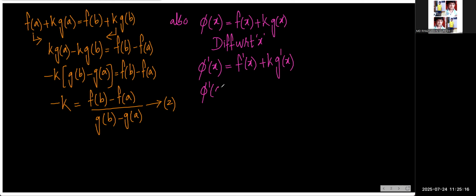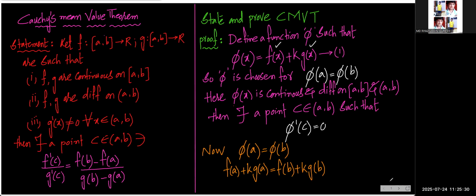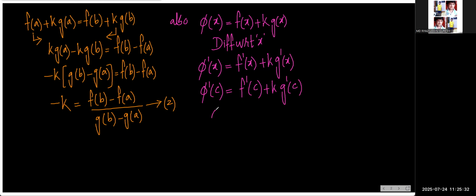Phi dash of c is equal to f dash of c plus k into g dash of c. Phi dash of c value by Rolle's theorem already we know, here we wrote it is 0 by Rolle's theorem. This value 0 is equal to f dash of c plus k into g dash of c. Now you can bring this value that side.